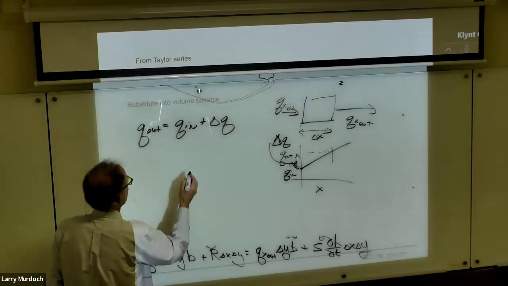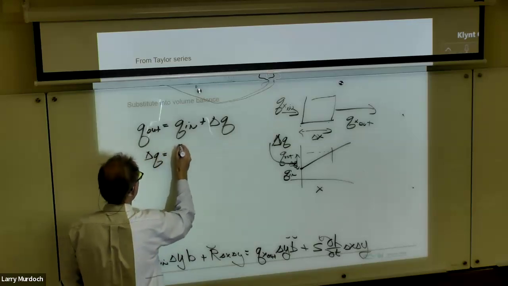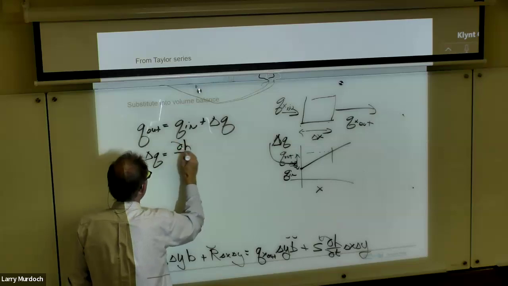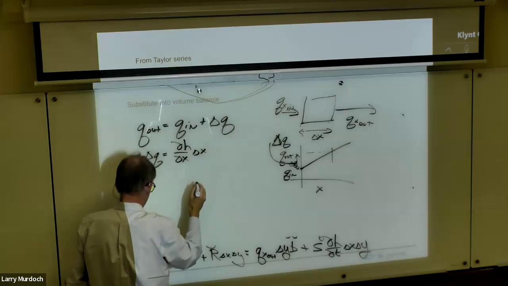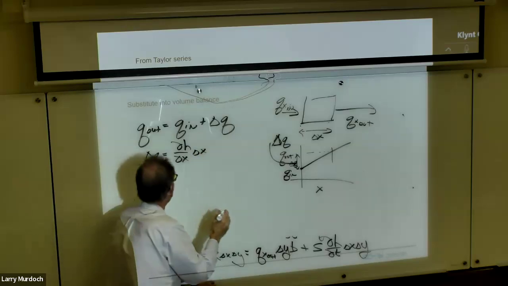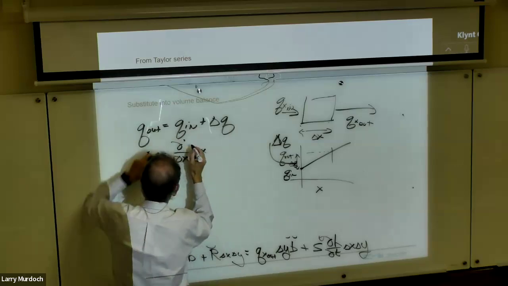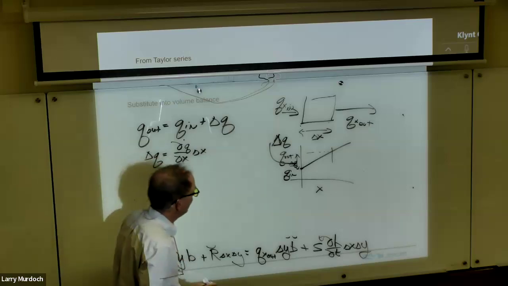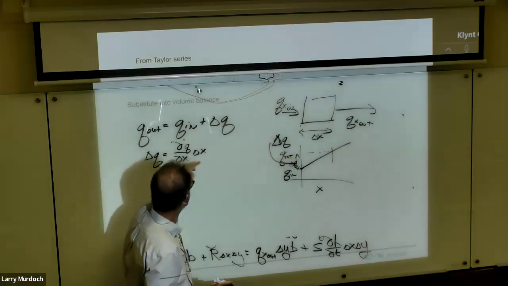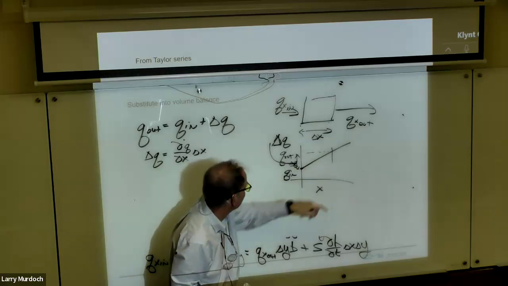So this change here is going to be equal to the slope times the delta X. So this little change of Q is equal to this slope times that distance.